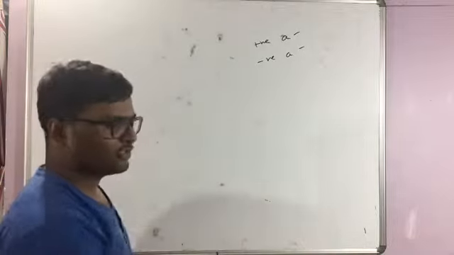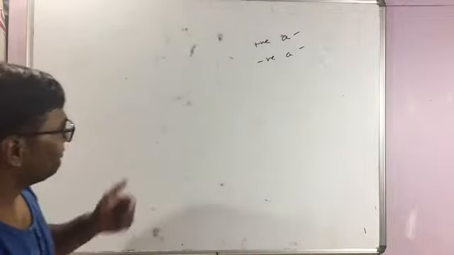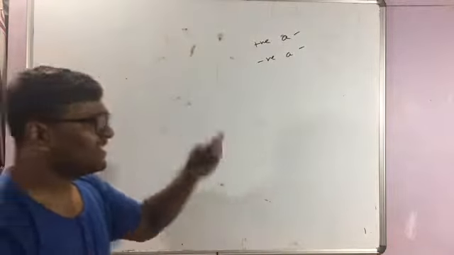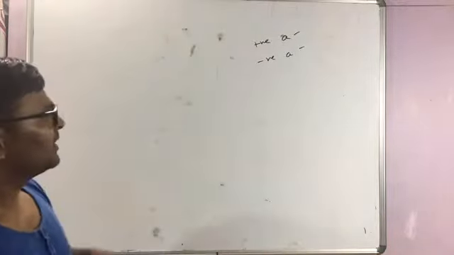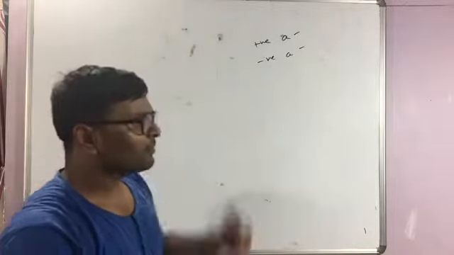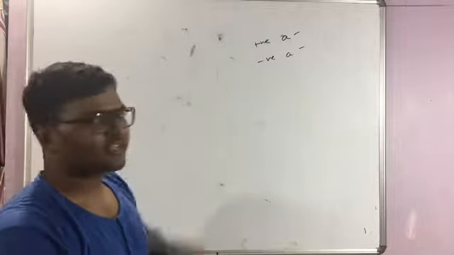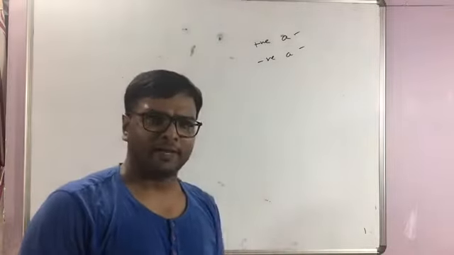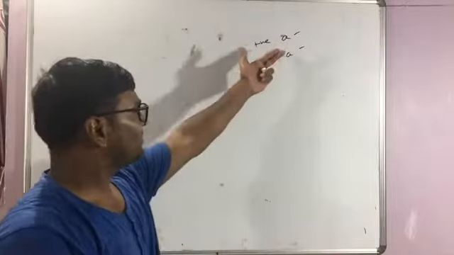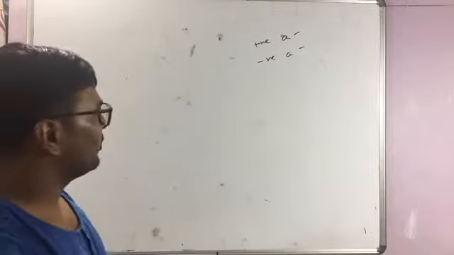Acceleration is said to be positive, try to understand, if the speed of the particle increases with time, then we can say acceleration is a positive value. And if the speed of the particle is decreasing, it means acceleration has a negative value. See, this can be stated in some other way.